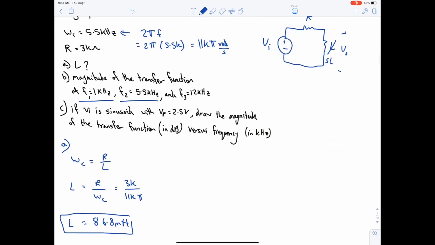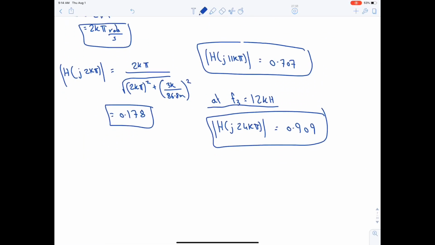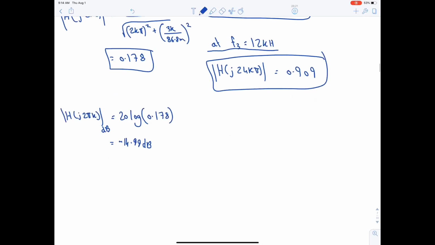What's the third part? If Vi is a sinusoid with Vp 2.5 volts, draw the magnitude of the transfer function in dB versus frequency in hertz. So first you need to find the magnitudes in dB. The first magnitude in dB is 20 log 0.178, which is minus 14.99 dB.